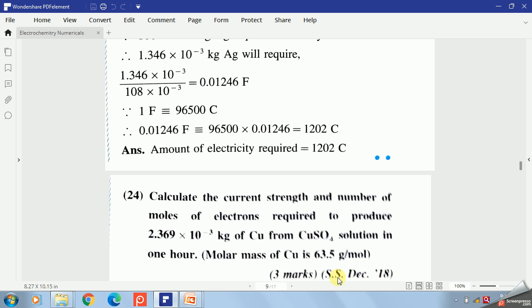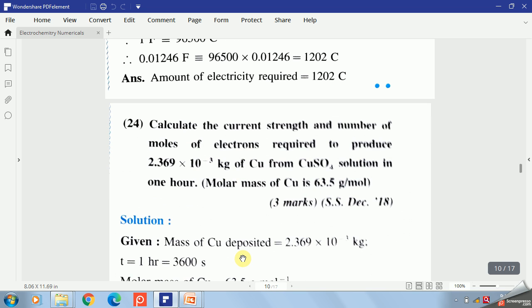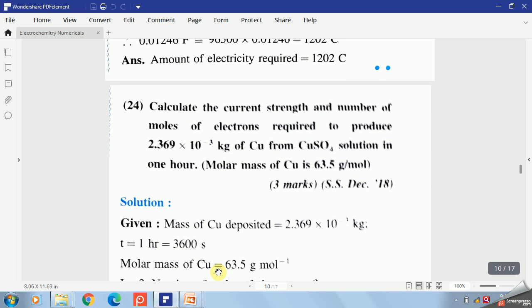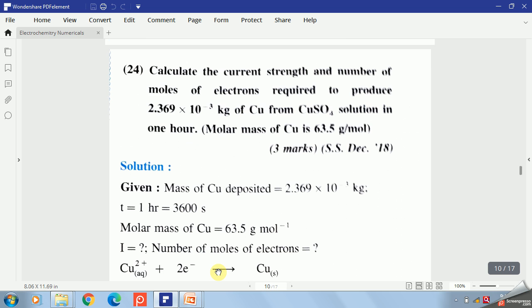Okay, and this numerical was asked in December 18 for 3 marks. Now the mass of copper deposited is 2.369 into 10 raised to minus 3 kg and molar mass is 63.5 gram per mole. The compound is CuSO4, SO4 is 2 minus, so Cu is 2 plus. What is the reaction? Cu2 plus plus 2 electron gives Cu. Time is 1 hour, which means 1 into 60 into 60, that is 3600 second.